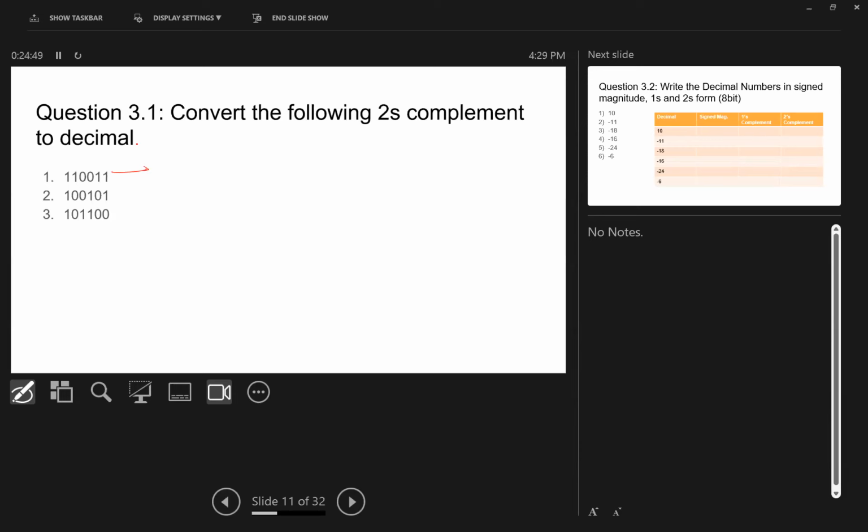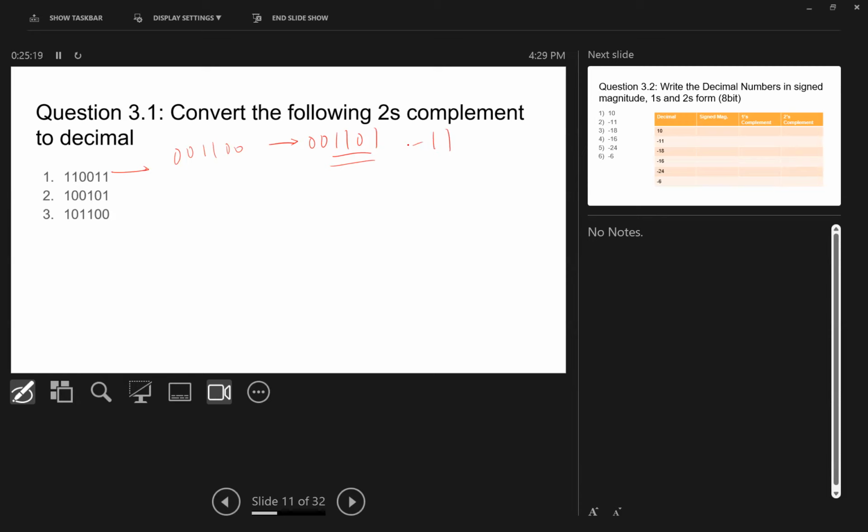We follow the steps we mentioned. First we flip the bits: 0 0 1 1 0 0, and then we add 1: 0 0 1 1 0 1. The absolute value of this number should be 11, right? So actually the decimal representation is minus 11. And similarly for 2 and 3.